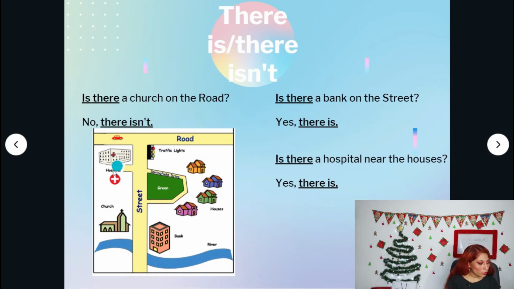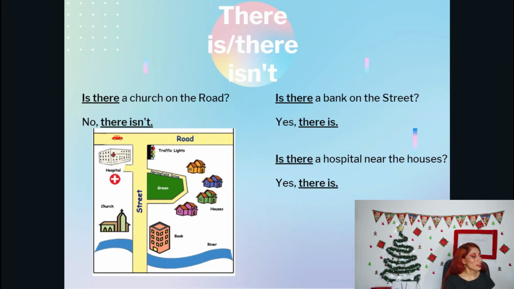Here we have hospital, church, and then we have Springfield Drive. It's supposed to be a park, a bank. Yes, there's a bank. Yes, there is. También puedes decir yes, there is a bank, but we are learning how to answer with short answers. So for this reason, we are going to use yes, there is.